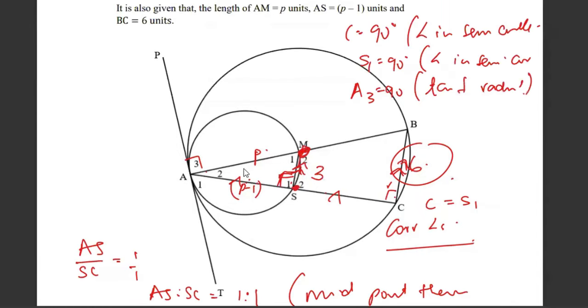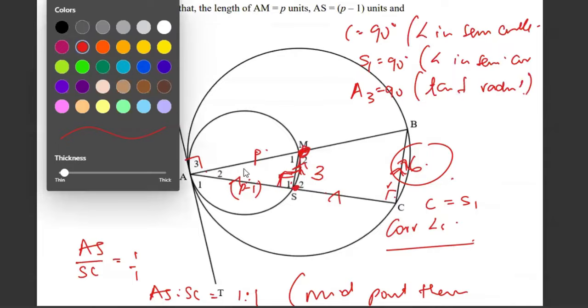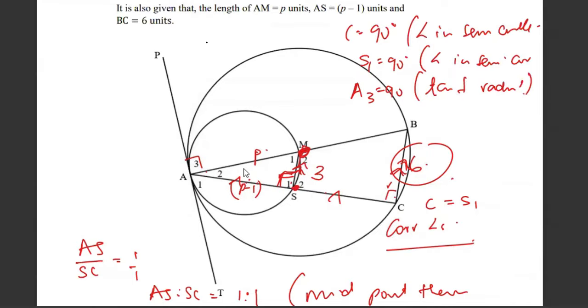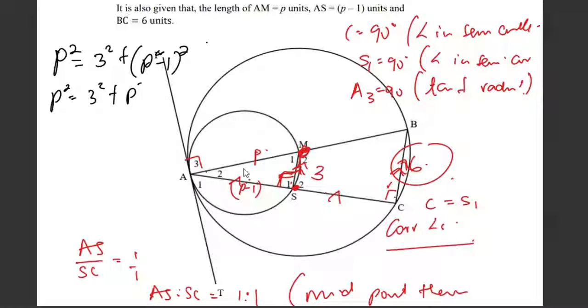We're going to say that P squared should be equivalent to 3 squared plus P minus 1 squared. Open up. That's P squared minus 2P plus 1. This P squared and the P squared will cancel. So 9 and 1 is a 10. So 2P is a 10, meaning that P is going to be 5 units.